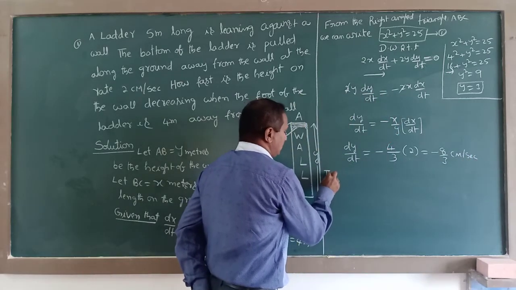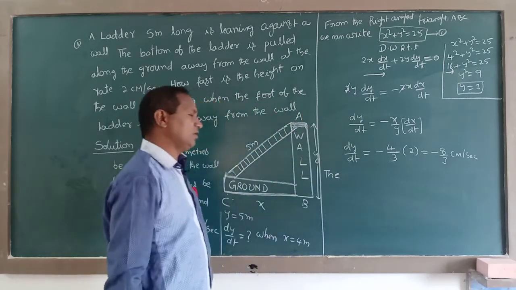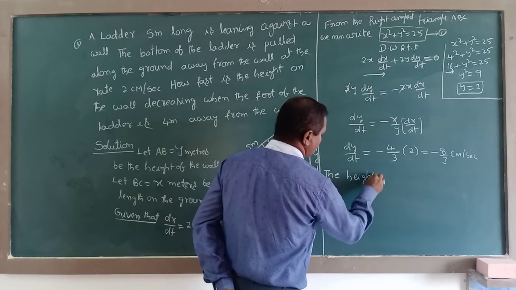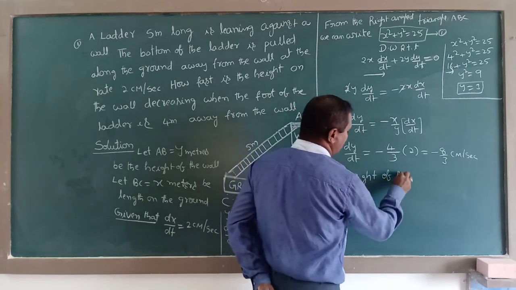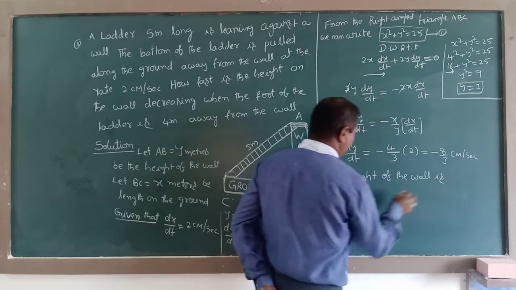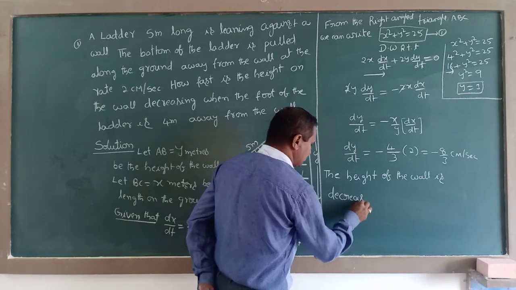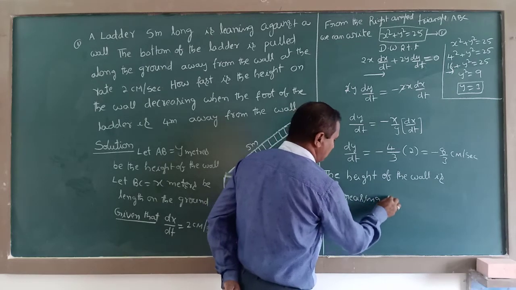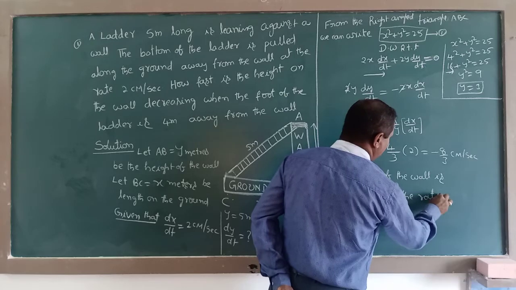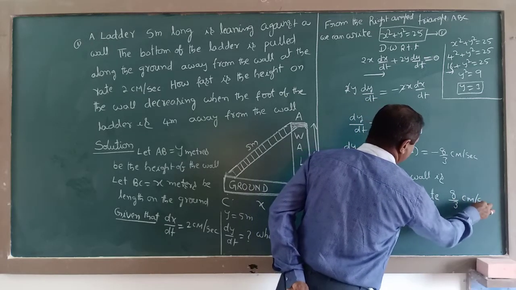The rate of change of the height of the wall: the height of the wall is decreasing at the rate of 8/3 centimeter per second.